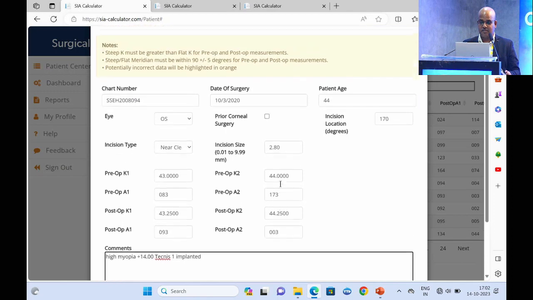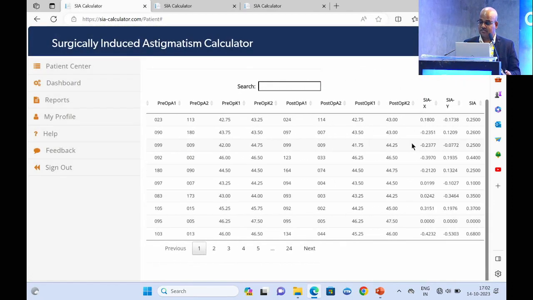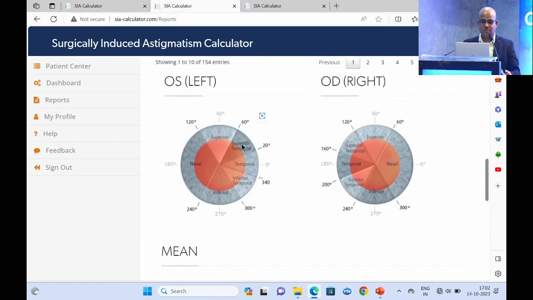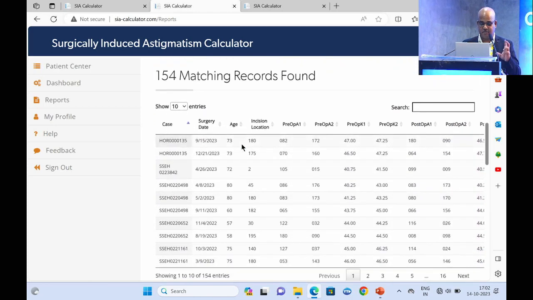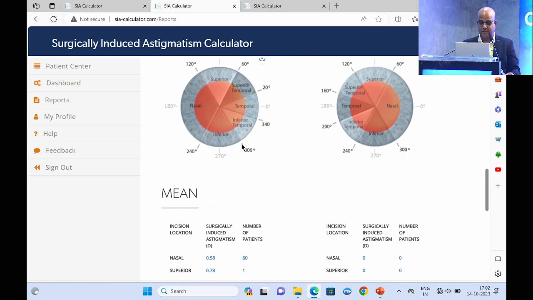We will know the astigmatism status like this. You can see all the astigmatism, y axis and x axis, and the total SIA will come, and we can see the reports. If you get a decent amount of data, I am now looking at 2.8 mm incisions.